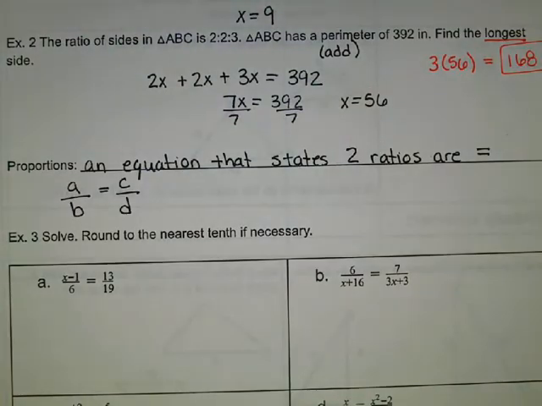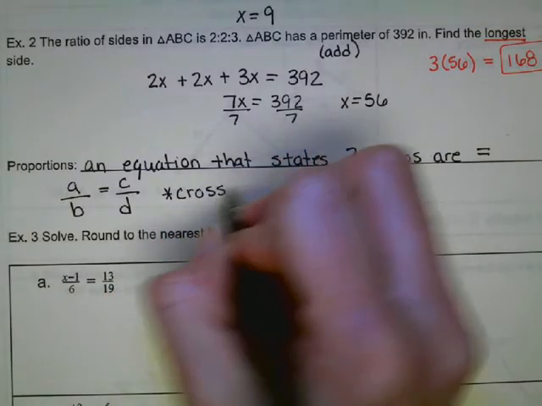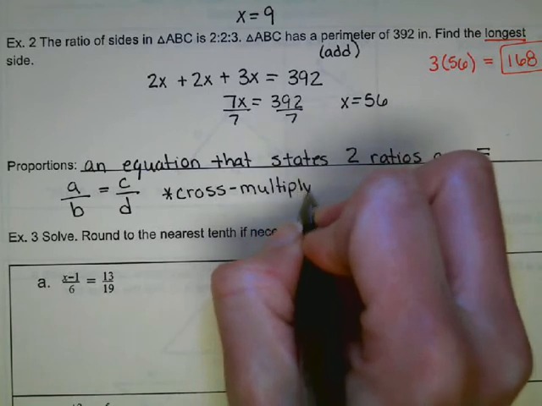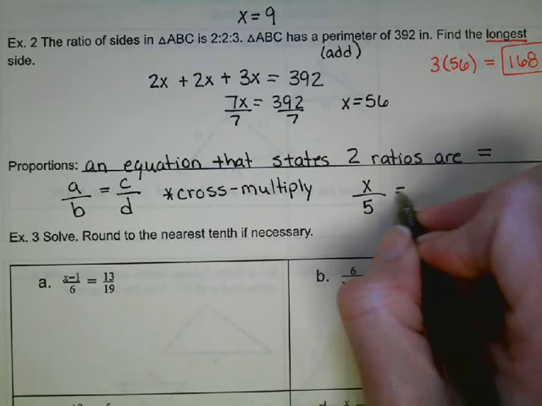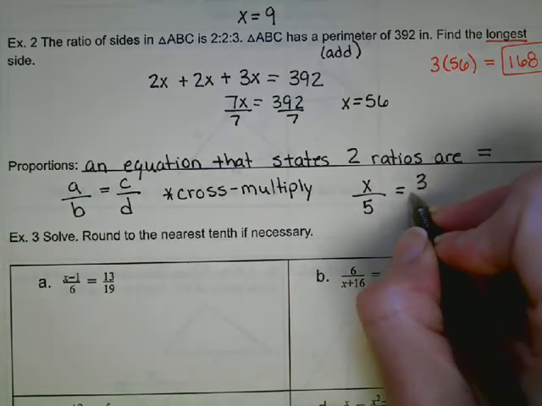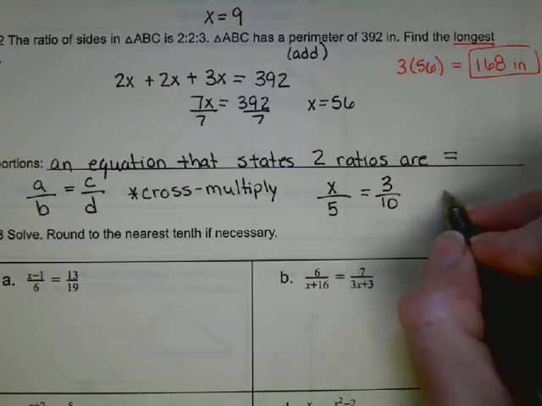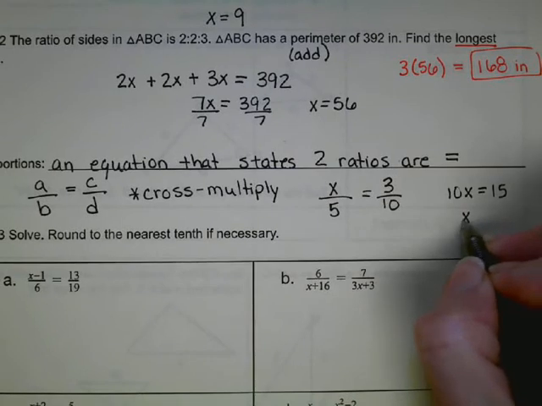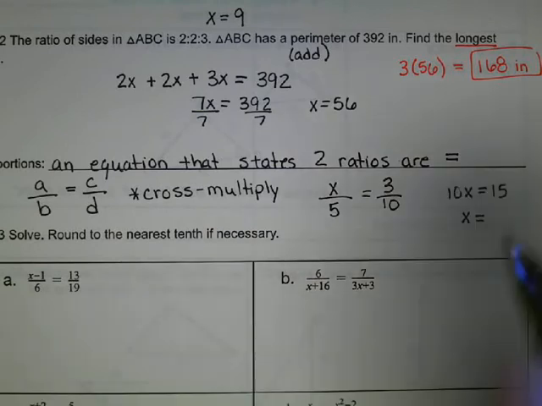You solve a proportion by cross multiplying. So in pre-algebra, you may have done one like this, where you cross multiplied and got 10x equals 15, and then you divide. Somebody called it cross multiply and divide in one of my other classes. So the answer would be like 1.5.